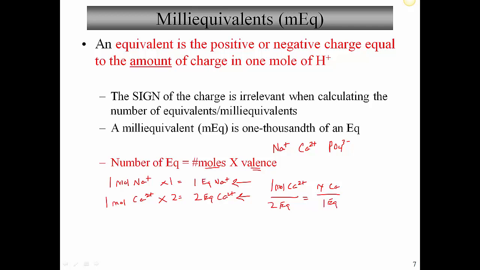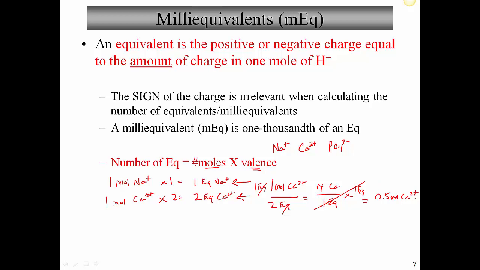I think you can see the math is relatively simple. If we multiply by one equivalent on each side, these cancel out. We multiply by one equivalent over here, the equivalents cancel out. We're left with 1 over 2, and that means we need 0.5 mole of calcium to make one equivalent. I hope that makes sense to you.